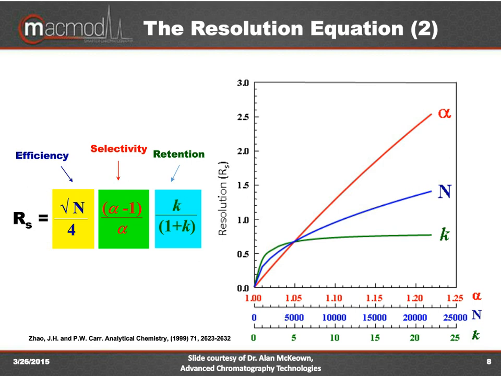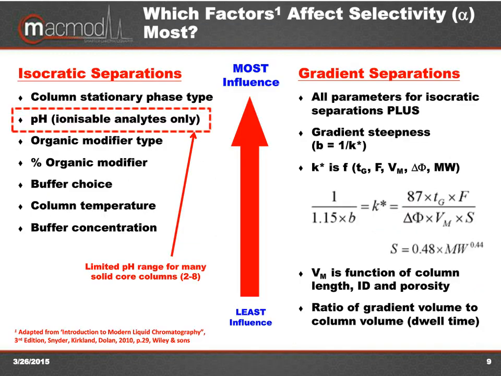But how do you know which parameters or factors affect selectivity and which ones are the most powerful? On this slide, I've listed the parameters that affect resolution and selectivity the most for isocratic separations on the left and for gradient separations on the right.